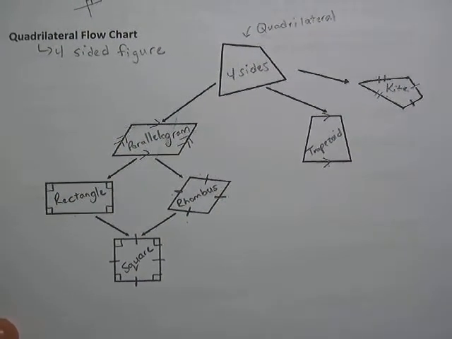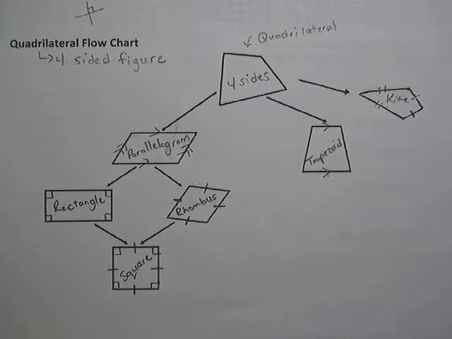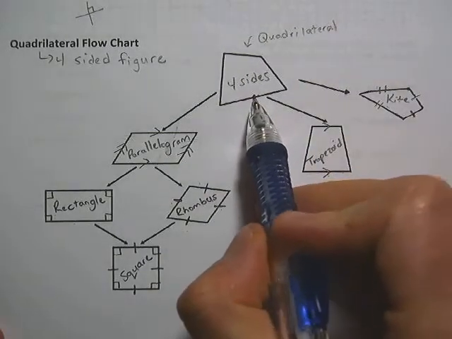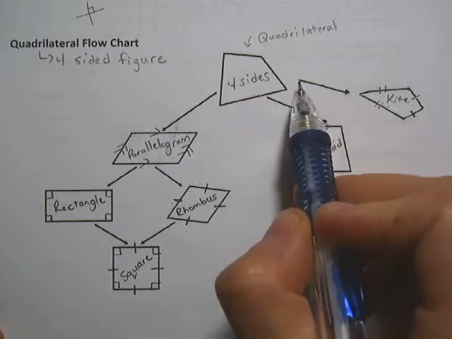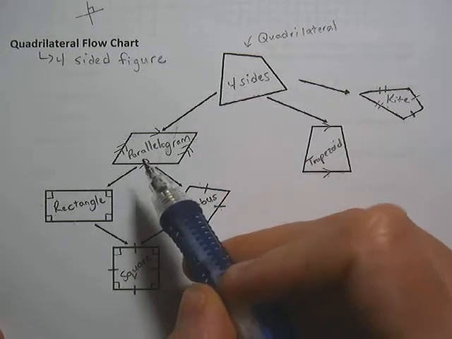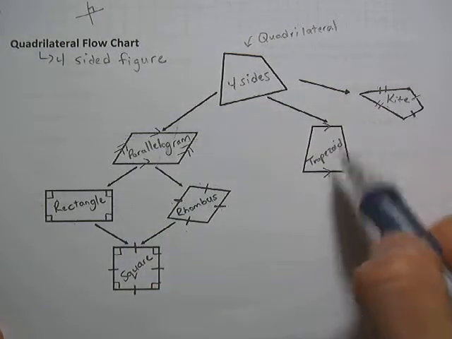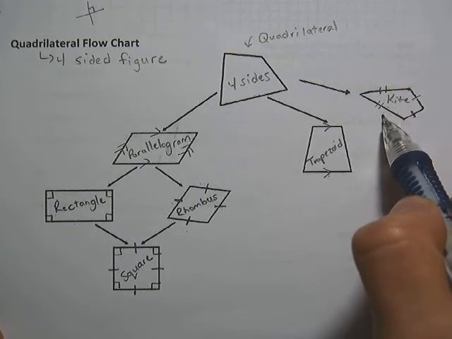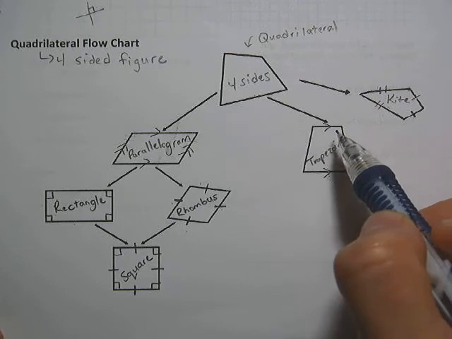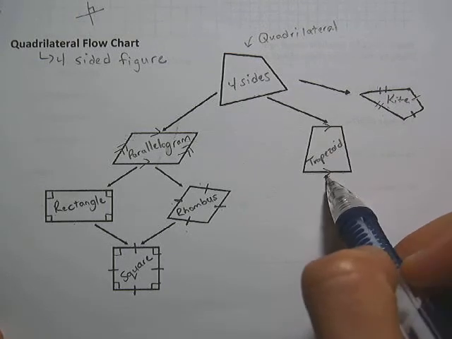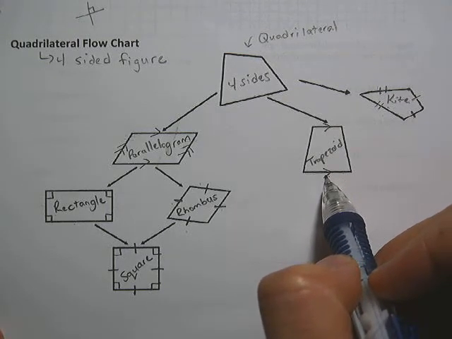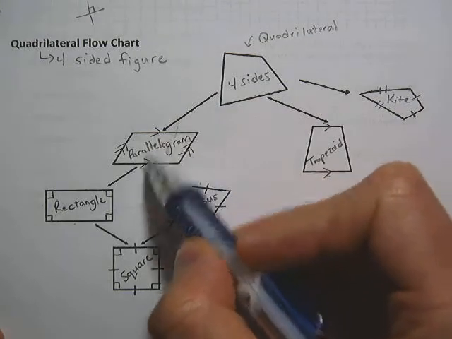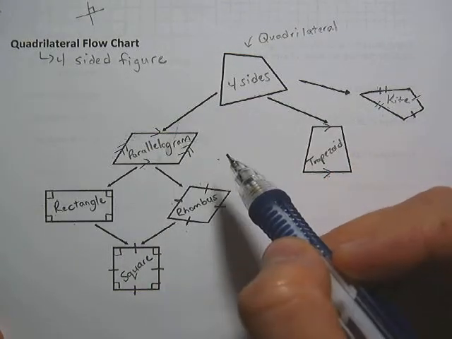All right, so when you are looking at a figure, look to see if it has 4 sides first. Then, to figure out which one it's going to be from there, you can look to see if it has 2 adjacent sides that are equal in length, or one set of opposite sides parallel, or both sets of opposite sides parallel.